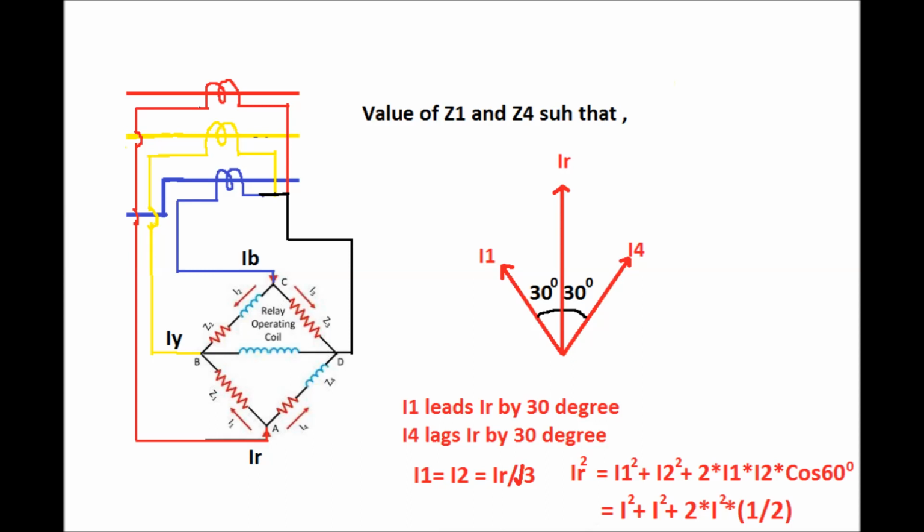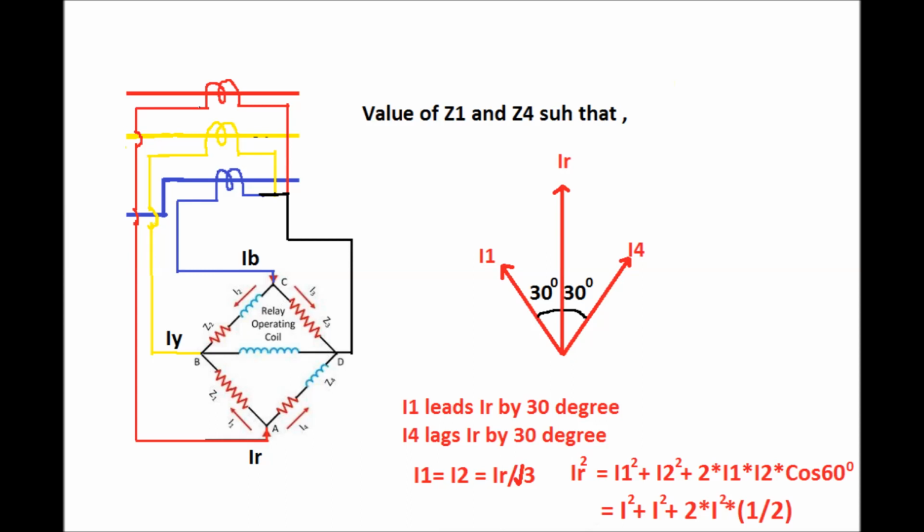D is the neutral terminal, and neutral is taken back to the CTJB. In the CTJB, the star formation is done by shorting all the S2 terminals together. In the bridge circuit, there is a combination of resistors and impedances: Z1, Z4, Z2 and Z3.